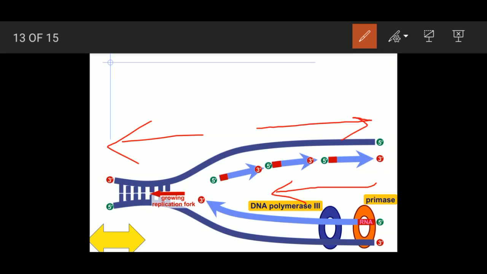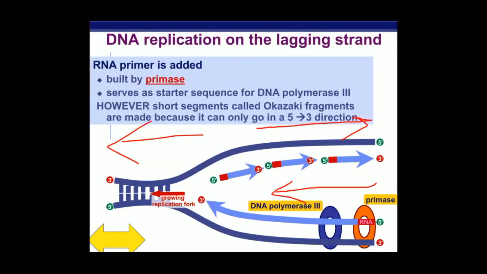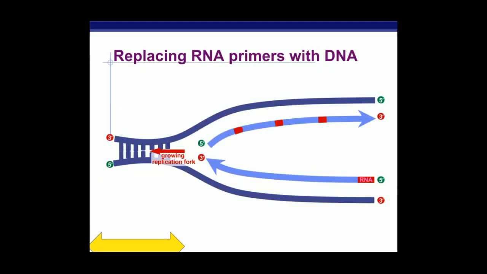By this process, the DNA keeps replicating and forming new strands of DNA. This is the idea, guys. RNA primer is added, built by primase, and serves as a starter sequence for DNA polymerase 3. However, short segments called Okazaki fragments are made because it can only go in the 5' to 3' direction. Clear, guys? We have already mentioned.